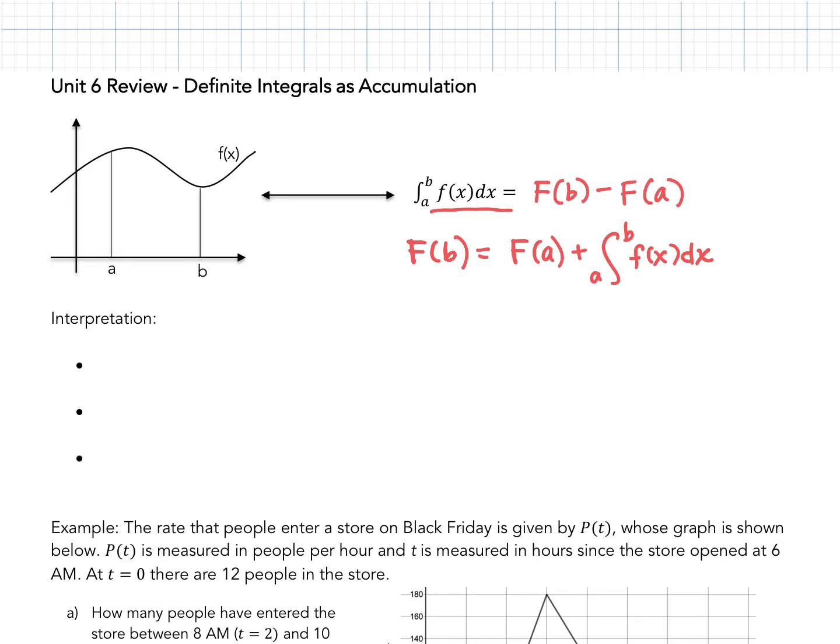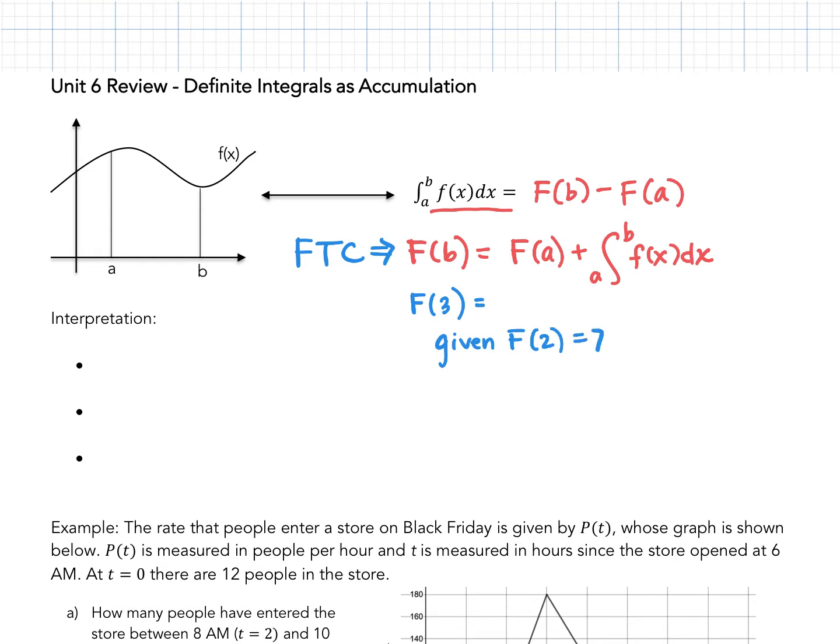Often you are asked to find capital F of b. So I'm going to label this as the FTC, the fundamental theorem of calculus. A lot of times you are given, find F of 3, given that F of 2 equals 7.